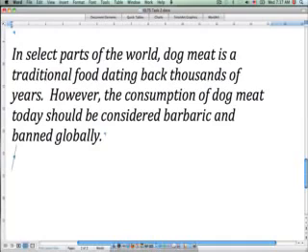So dogs have sort of acted as a friend or a partner to human beings over thousands of years, and perhaps for that reason, dog meat should not be considered a food, or dogs themselves should be saved from the label of being a viable source of nutrition.